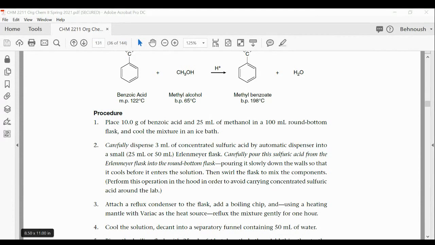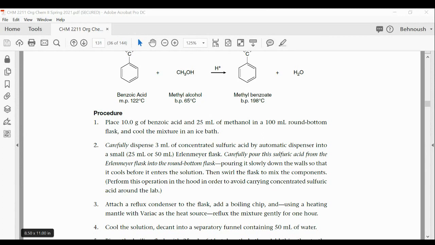Denise, next part you're doing reflux. What's the purpose of reflux in this reaction? So after we add the acid, then we reflux for almost 1 hour. So what's the purpose of using reflux in this reaction? Can you be a little bit more specific on that?